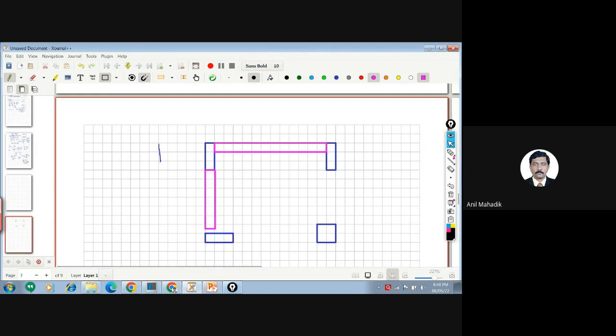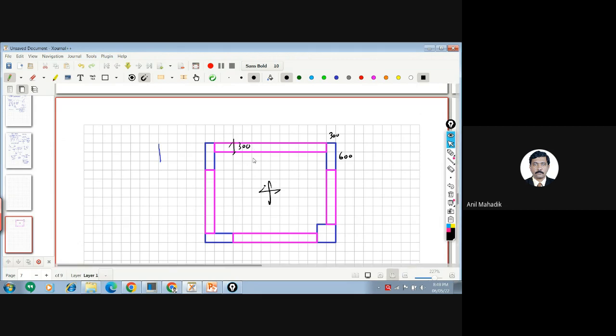These are my beams. And I have a slab. This is my real structure, with a column of 300 by, let's say, 600 size, and the thickness of the beam is also 300, let's say.